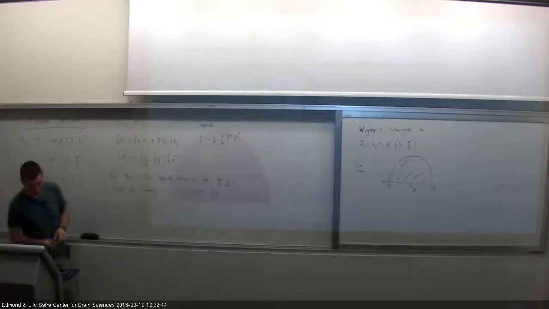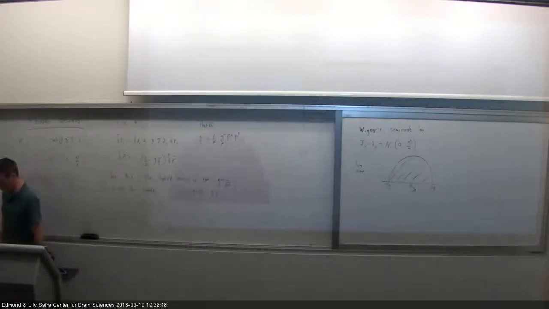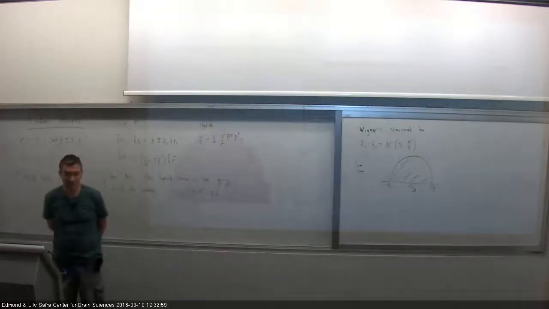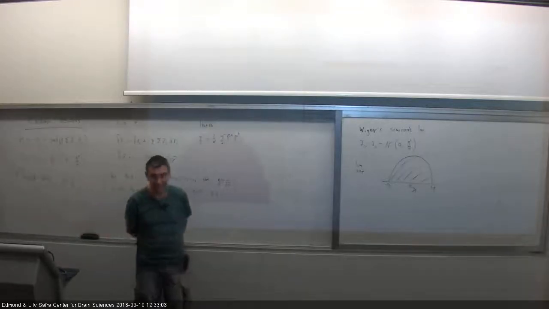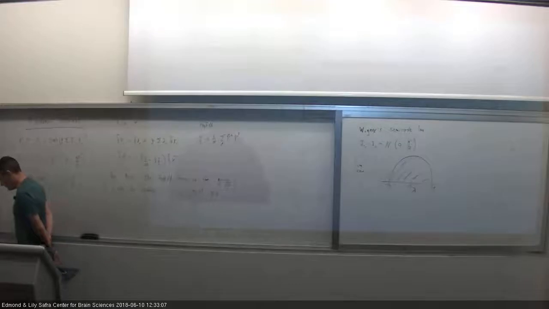So in the limit when beta goes to infinity, the number of fixed points of the dynamics is exponential in the size of the network. So let's say it again. The number of fixed points is an exponential function of the number of neurons in the network.